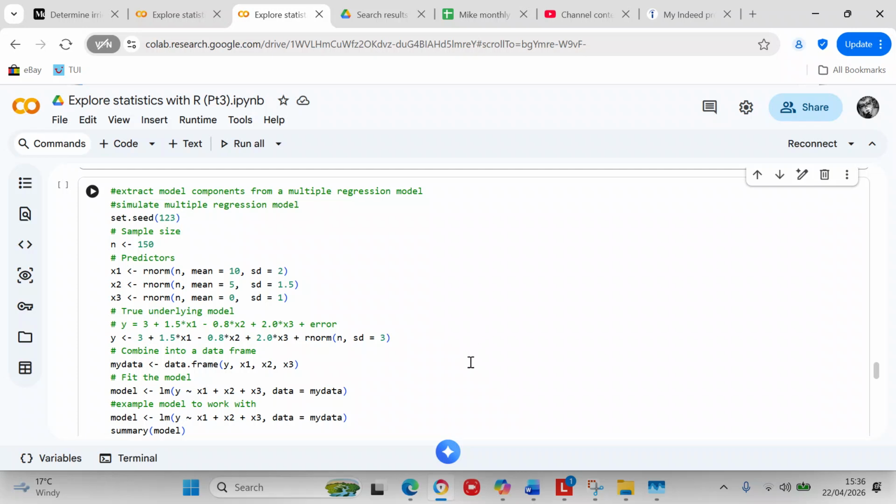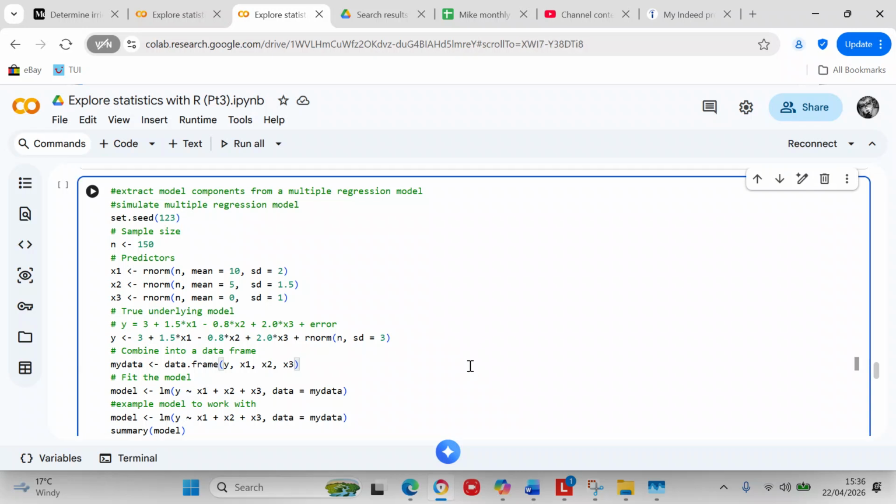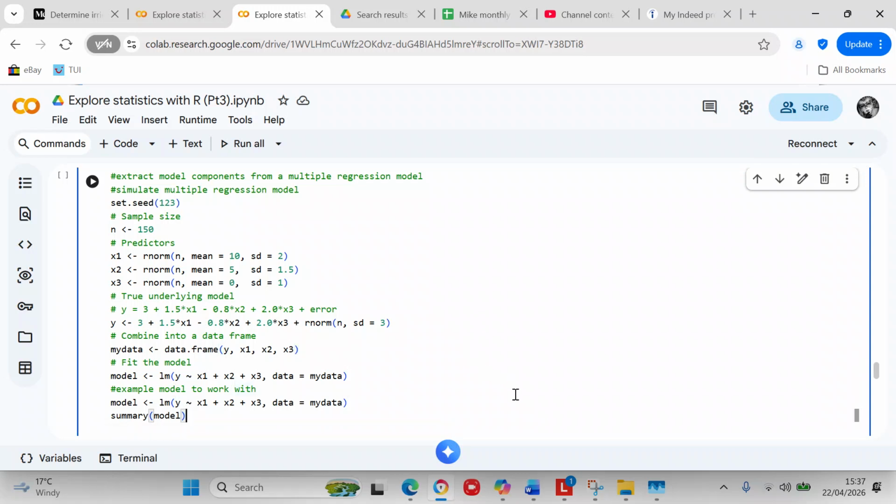And then we're going to create an example model to work with, and then we're going to summarize this model.